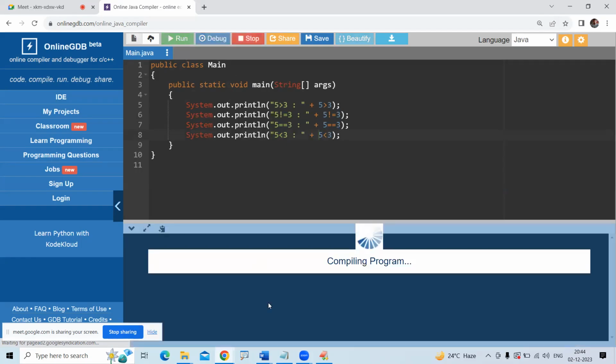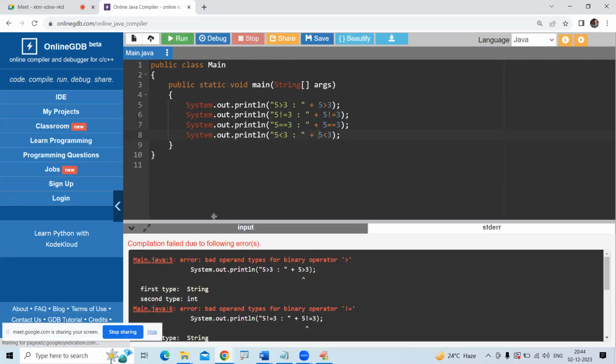Now look at the output of this code. Please put 5 is greater than 3. Because a boolean will not concatenate like this, just a normal value will concatenate.